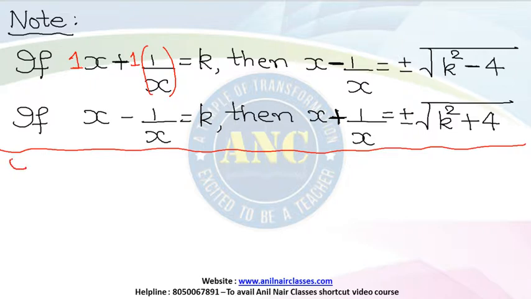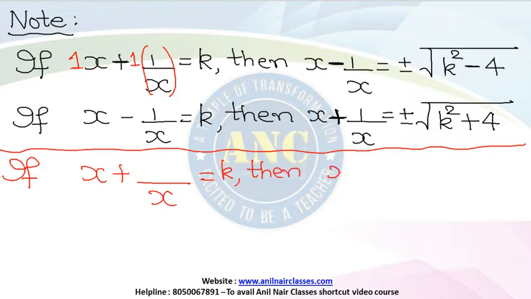So see here, I am discussing this variety. If x plus 1 by x is equal to k, then we easily know how to find the x minus 1 by x value: plus or minus square root of k square minus 4.